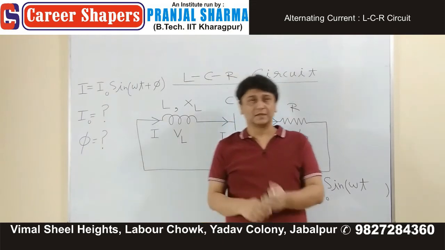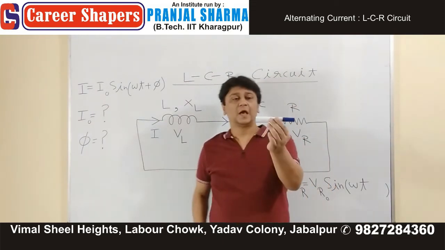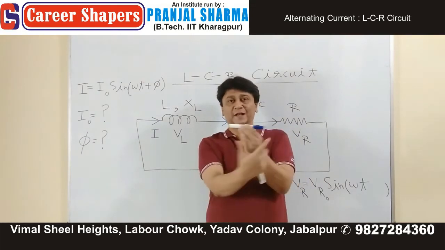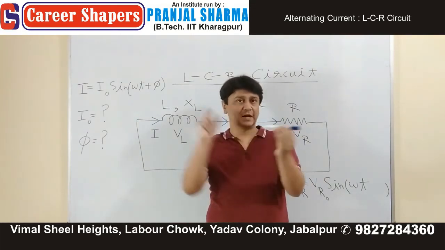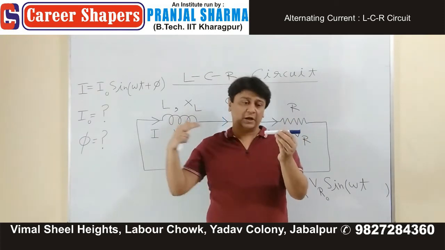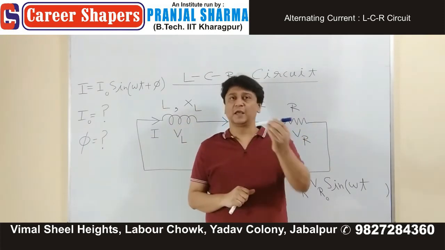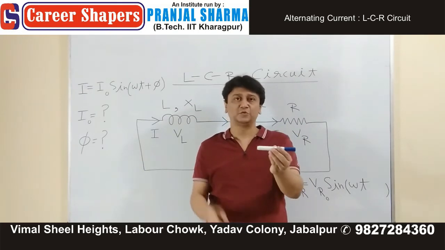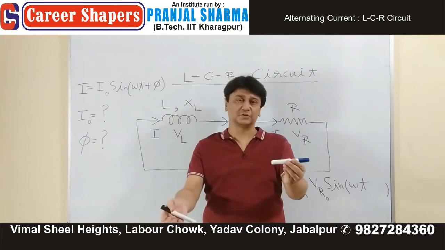If you have a resistor present in any alternating circuit, and you measure the potential difference and its phase and the current flowing through it, then we find that they are in the same phase. Same phase means when current is 0, potential difference is 0.